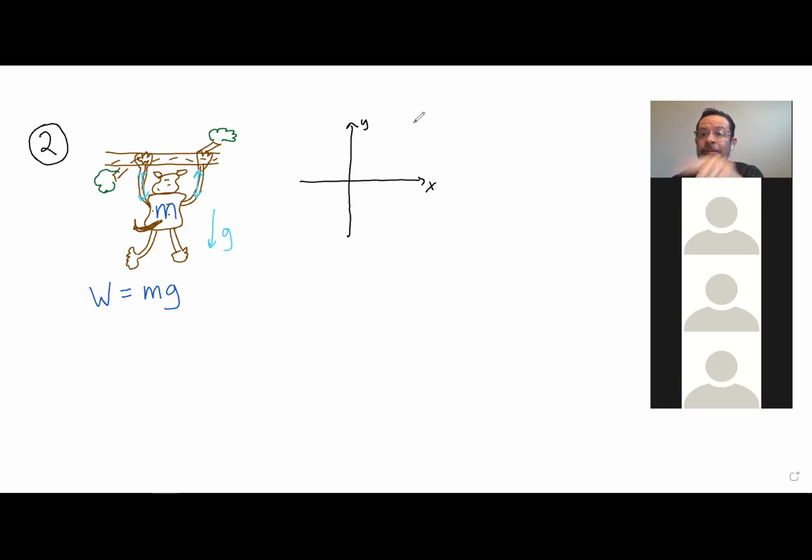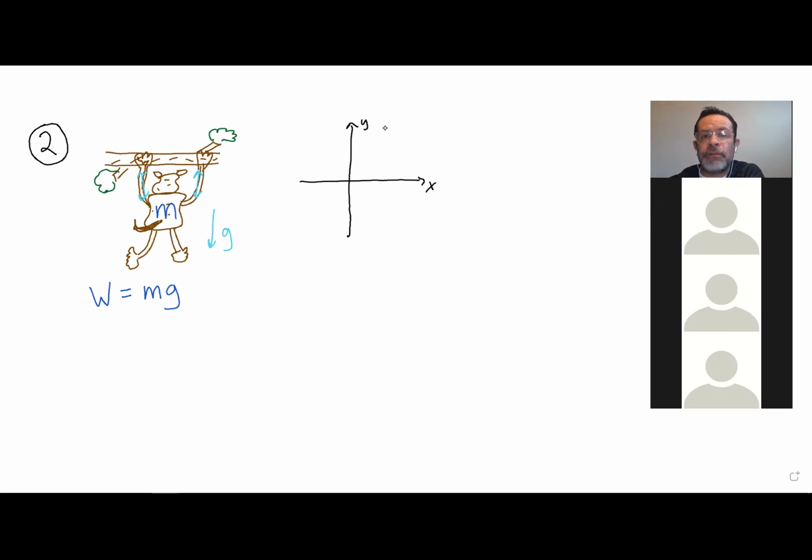Because notice that the problem says that the monkey is being pulled upward. He's pulling himself upward, okay? So there isn't a surface that's creating contact, because the normal force is when we have an object and there's a surface that's creating contact that reacts to the weight, okay?